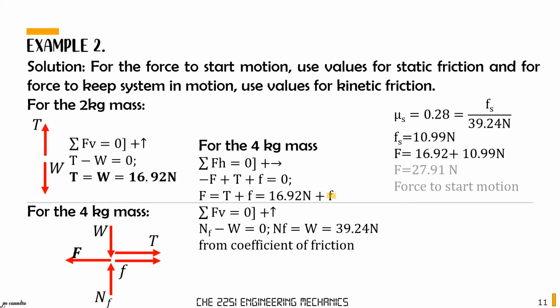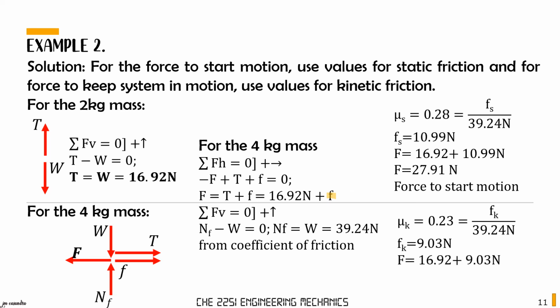So F now to start the motion is 27.91, and for our force to keep the motion, we will be solving for the kinetic friction using your kinetic coefficient. So Fk is 9.03 newtons. So the force to keep the motion, or the uniform motion of the system, is 25.95 newtons.